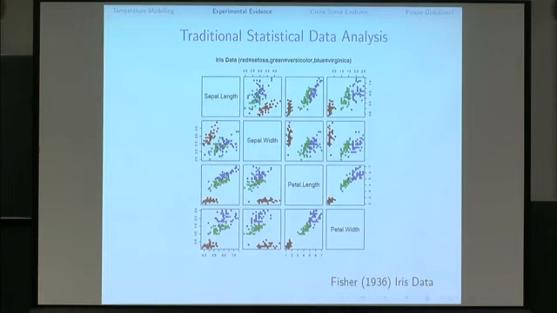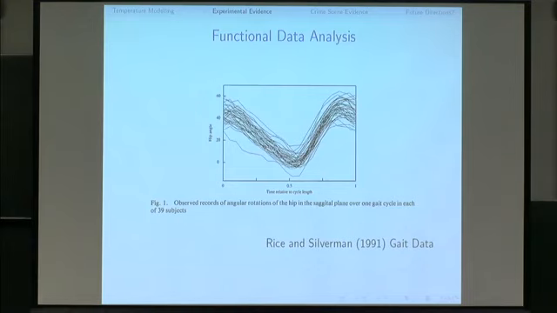Functional data analysis can most simply be thought of as an extension of this, where instead of having four or any number of dimensions, you assume there are an infinite number of possible multivariate observations that you could look at, if you were able to go as finely as possible. One easy, early form of functional data to visualize is the observed records of angular rotation of the hip. If I do one gait motion as I walk across the stage and look at the angle my hip makes with my leg, this is the angle across the start to finish of one gait cycle.